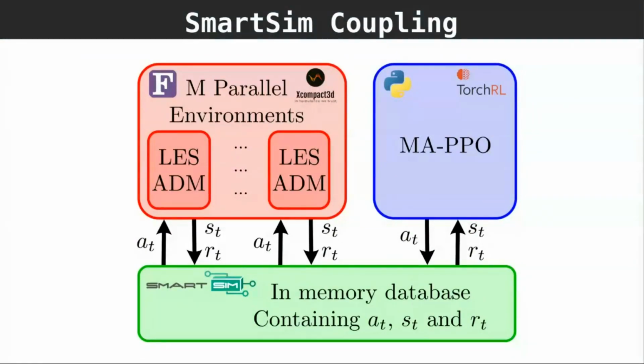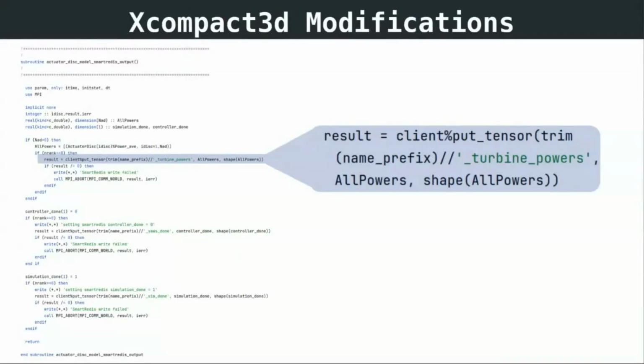And this again contains our actions, our states and rewards. It now also contains some flags to pause our simulations or our algorithm, depending on which one was working. And again, we then pass the states and actions back and forth between the SmartRedis database and our simulation and our algorithm.